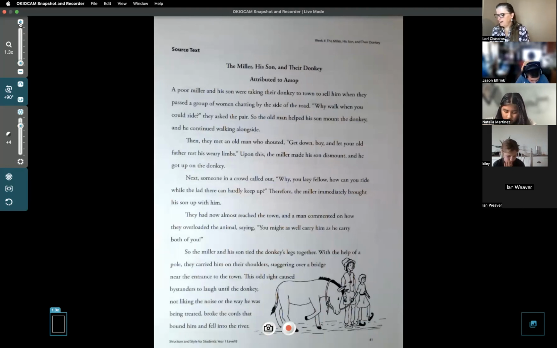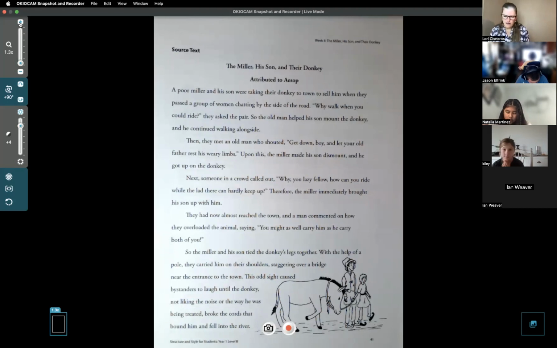So the miller and his son tied the donkey's legs together, while with the help of a pole, they carried him on their shoulders, staggering over a bridge near the entrance to the town. The odd sight caused bystanders to laugh until the donkey, not liking the noise or the way he was being treated, broke the cords that bound him and fell into the river.